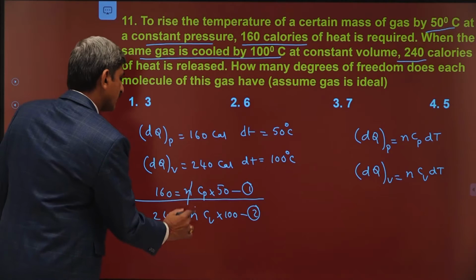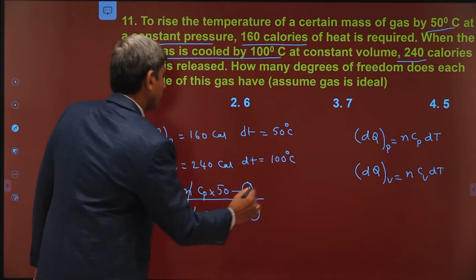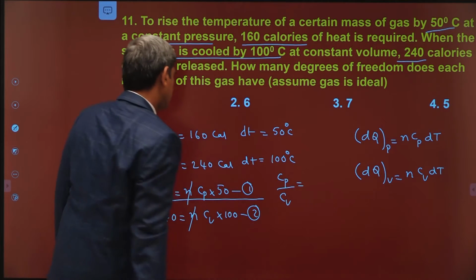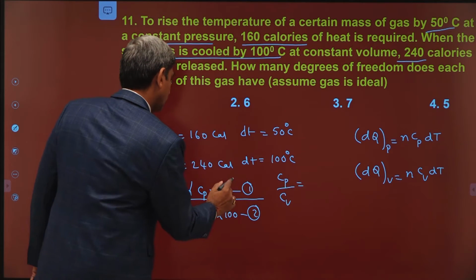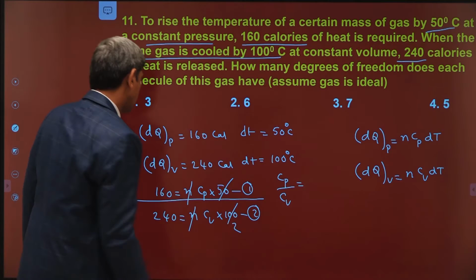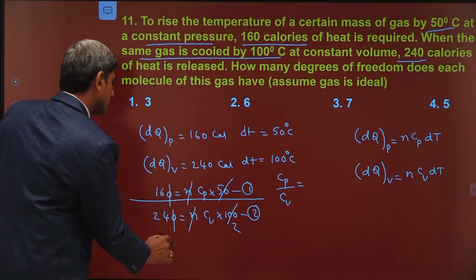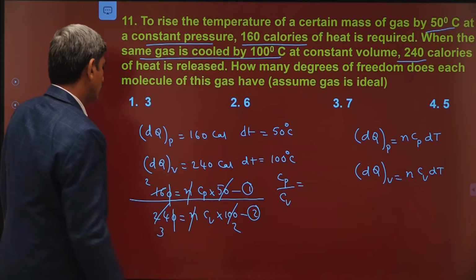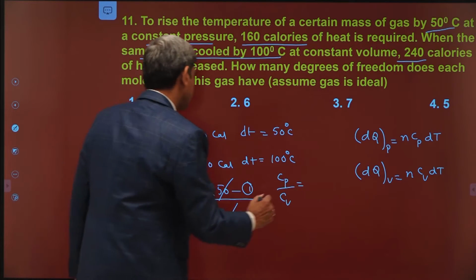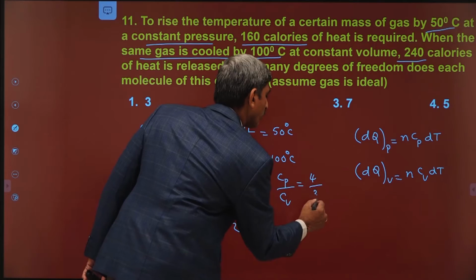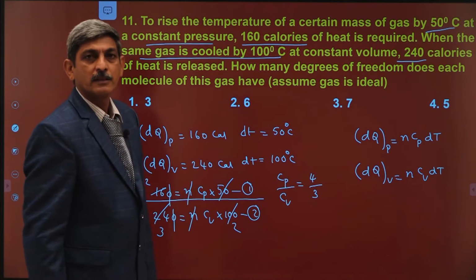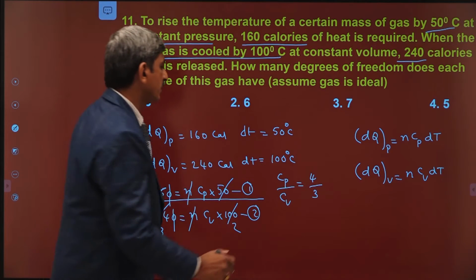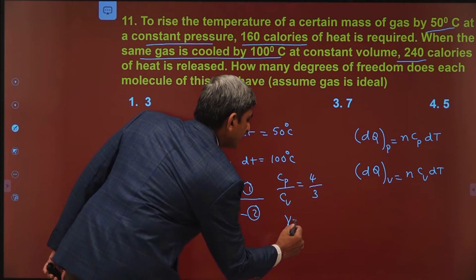So n cancels and we have Cp by Cv is equal to, this 50 cancels 2 times, 0 cancels, and 8 2s, 8 3s. So by taking this 2 to that side, we have Cp by Cv is equal to 4 by 3. So the ratio of Cp to Cv is obtained as 4 by 3, which is nothing but gamma of the gas.